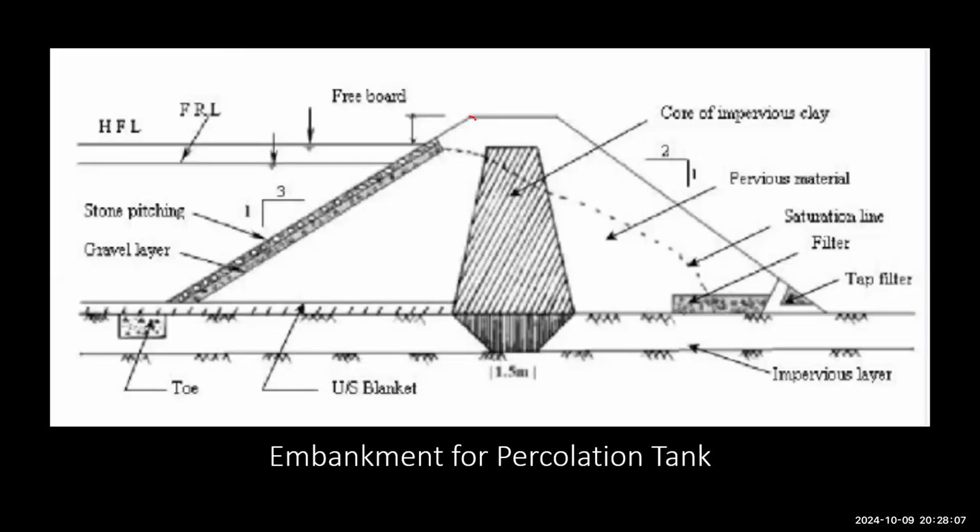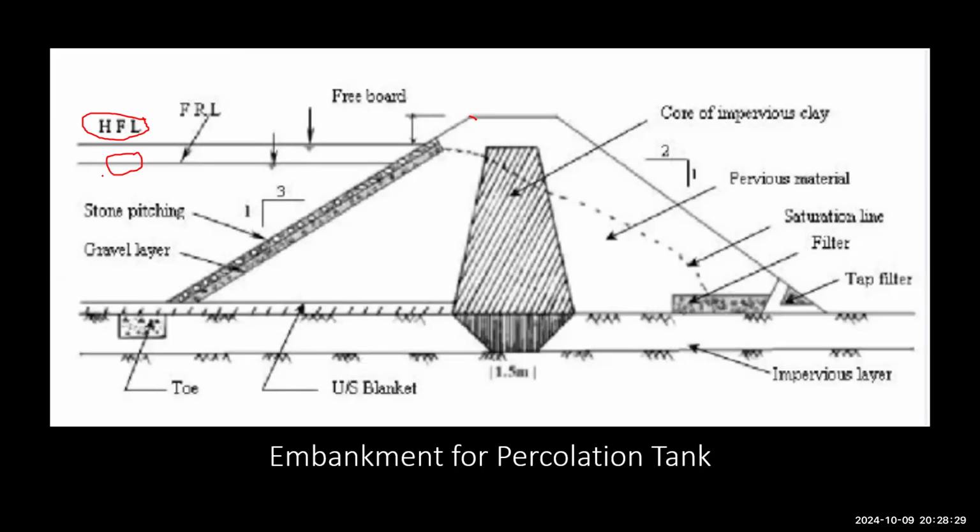And at the crest of the embankment, water is not stored up to the crest. There is some highest flood level, and that highest flood level is mentioned. And there is a normal water level in the reservoir.